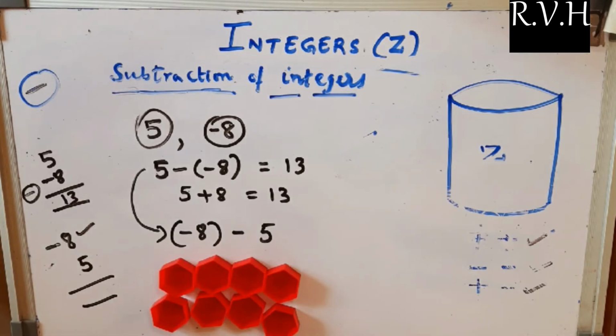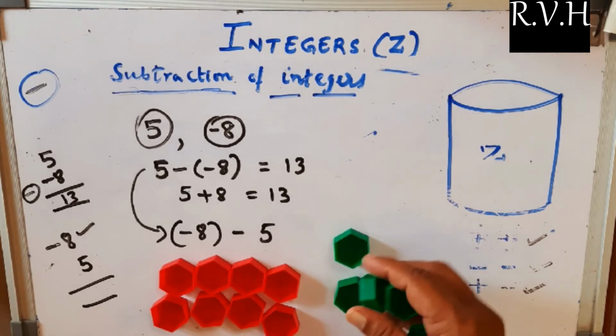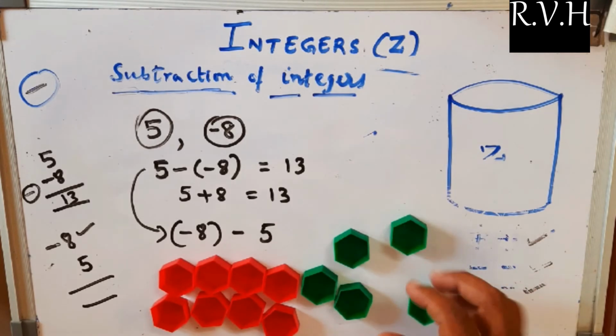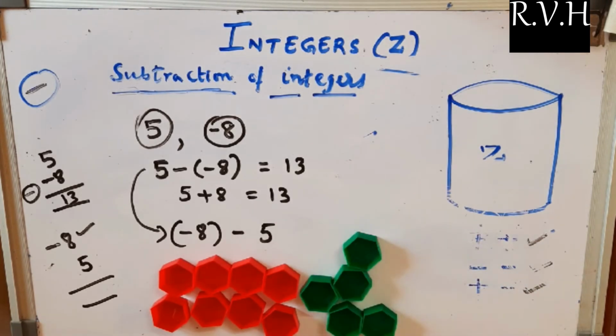Again, the same scenario. How can I take 5 green ones when I have only red ones? So for balancing that, I introduce 5 green ones. But we should not add like that, because we have no right to add like that.